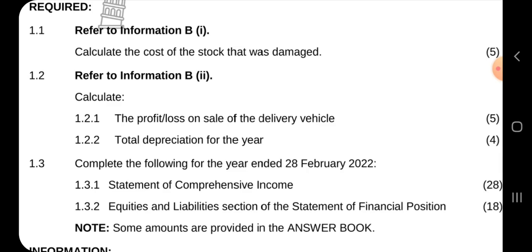with regards to sale of fixed asset, you have to know that fixed assets are sold, and you have to look at the carrying value of the sold asset.